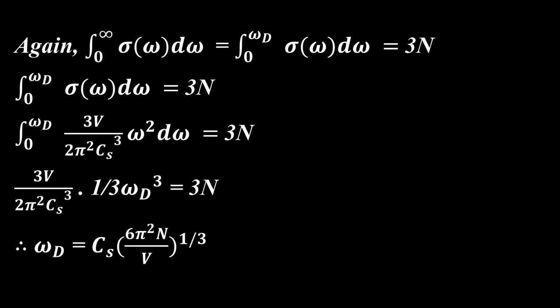The constant term goes out of the integration, and integrating ω² from 0 to ω_D we get 1 by 3 ω_D³ is equal to 3N. From this equation we can calculate ω_D is equal to c_s into (6π² N by V) to the power 1/3. This is a very important value of ω_D.